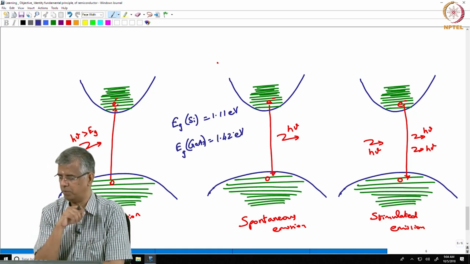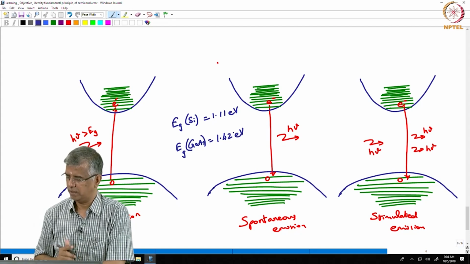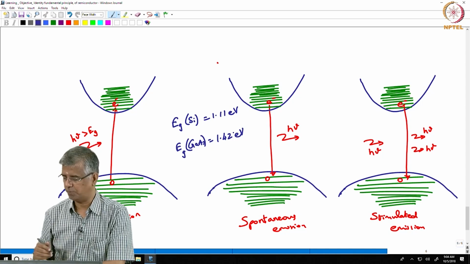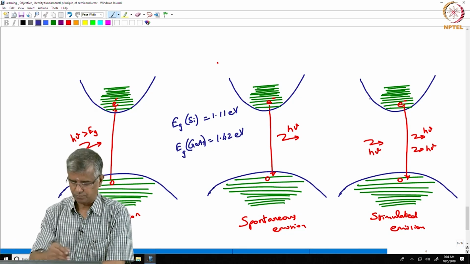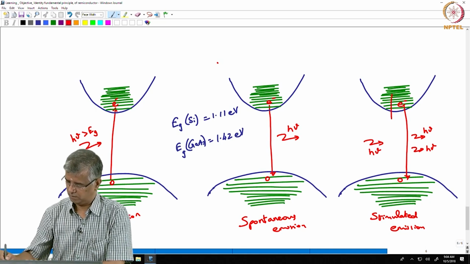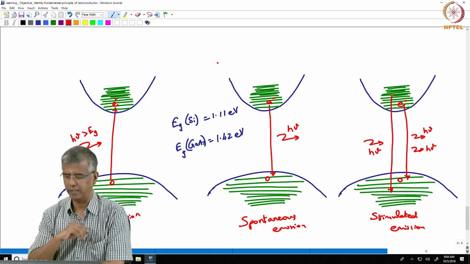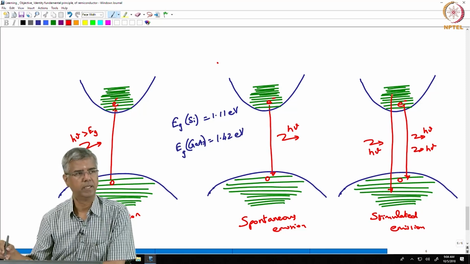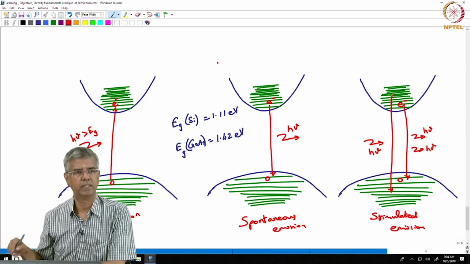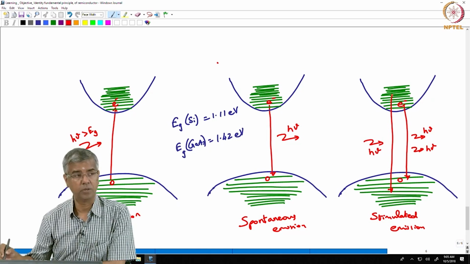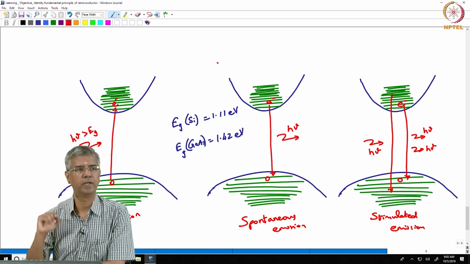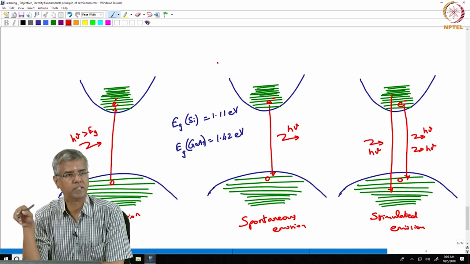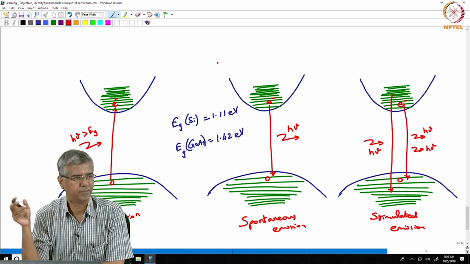For example, if you come in with h nu like this, and that energy corresponds to let us say something like this, and if you do not have an electron present in the conduction band and a hole present in the valence band at these corresponding energy levels, you will not have stimulated emission, you will not have gain.